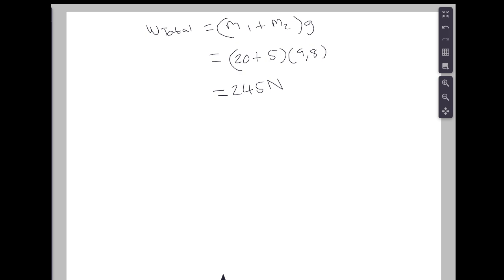Now, what we're going to need to calculate is the second tension on its own. Let's go back to that diagram there.